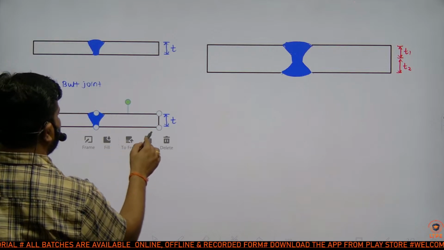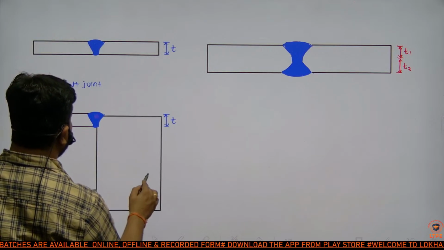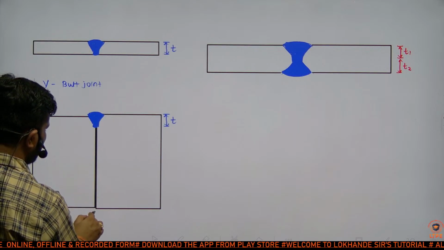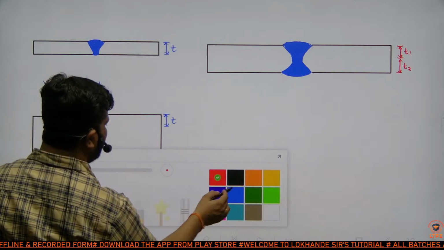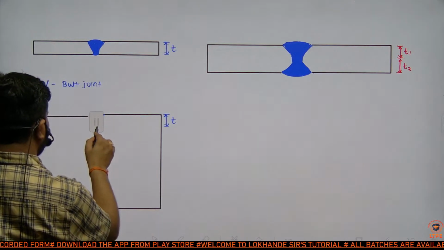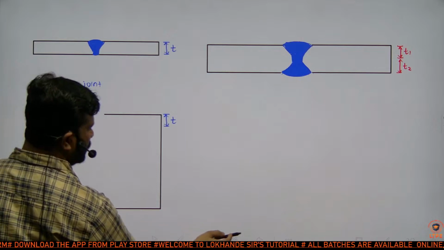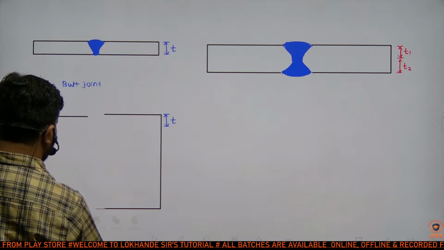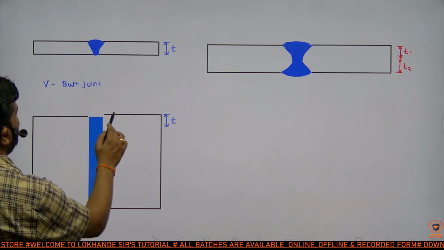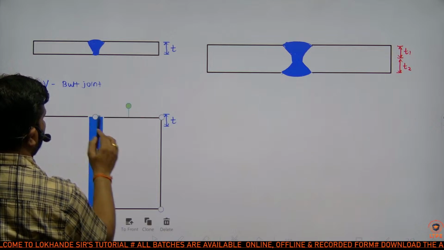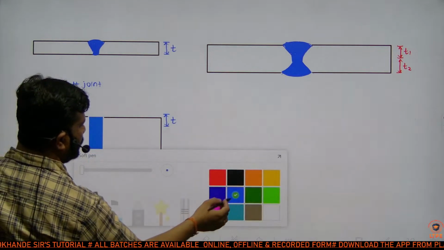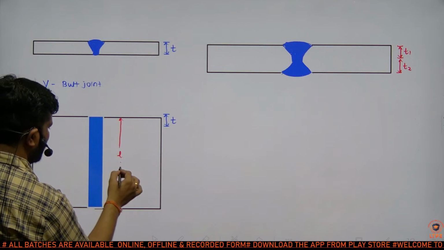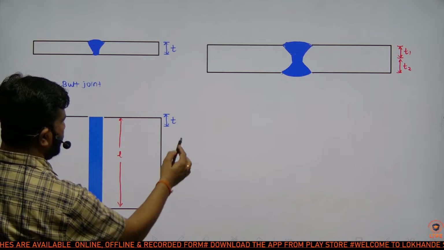If you have to check the length of this weld, then you have to check which view? Top view. In top view, it is clearly visible. This is the length of weld, nothing but the length of weld run.